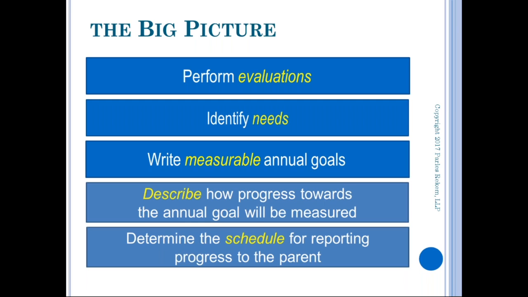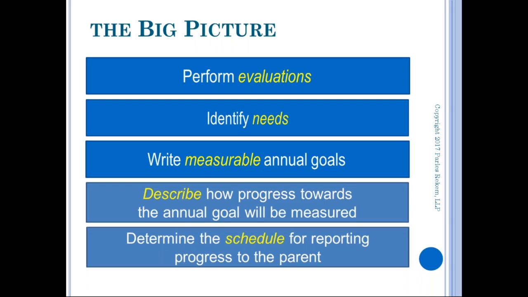All of that information that comes out of the evaluation goes right into the IEP in a section called the present levels of performance. And from that, we can see where the child is starting from, and we can write really good measurable goals.